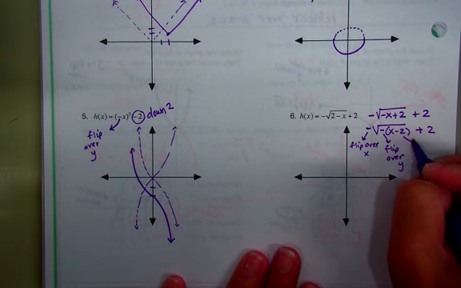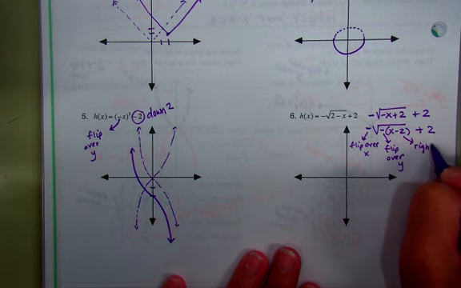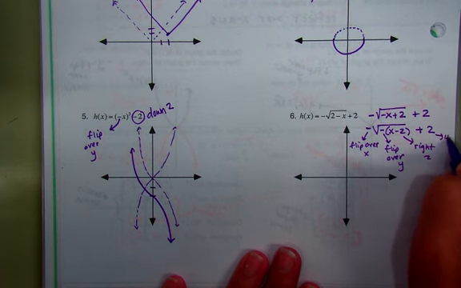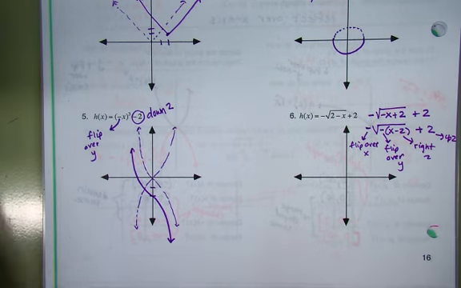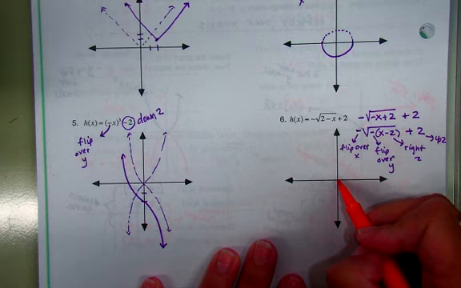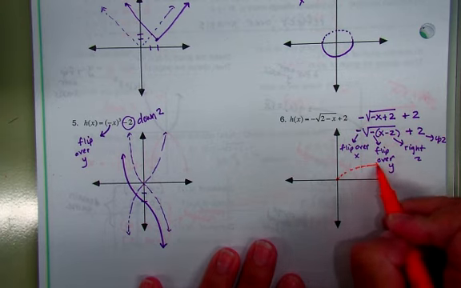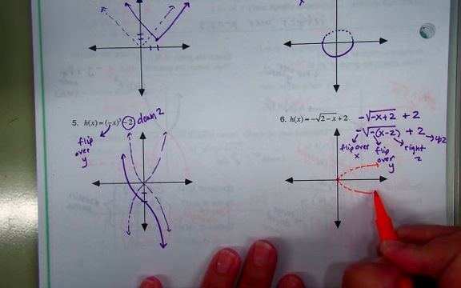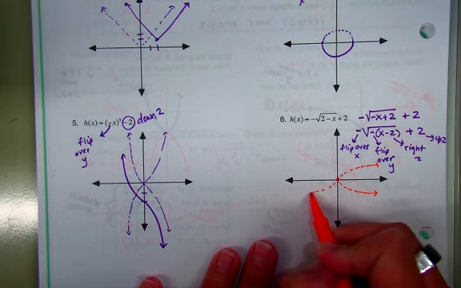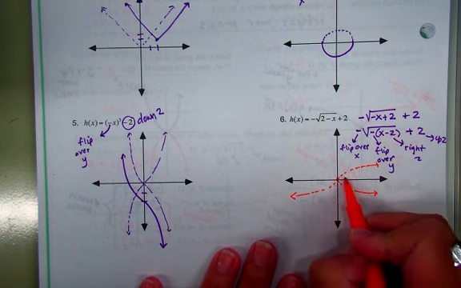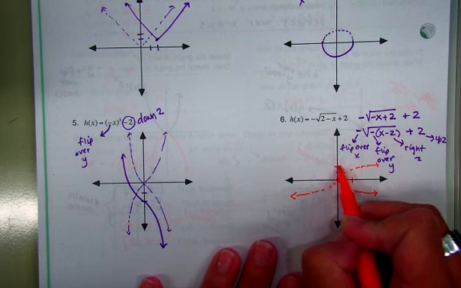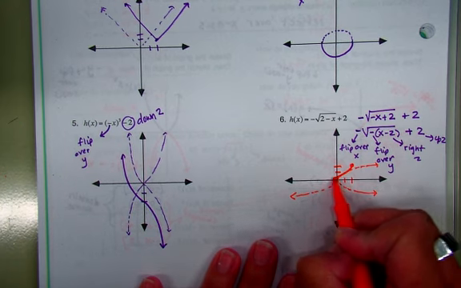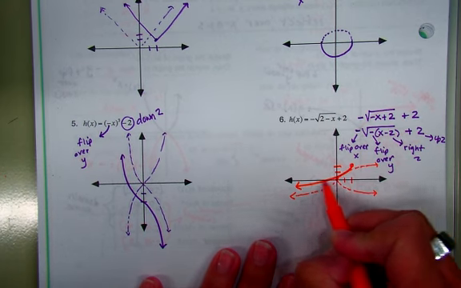This minus 2 means go right 2, and then up 2. So this is the radical function. It looked like this. If I flip over x, it comes down here. If I flip over y, it goes here. But then I still have to move it right 2 and up 2. And so this would be my final graph.